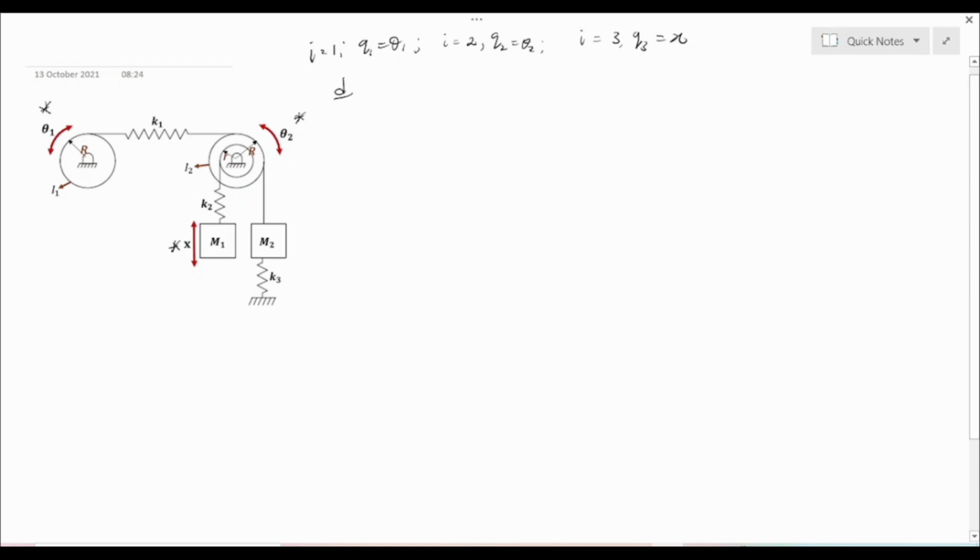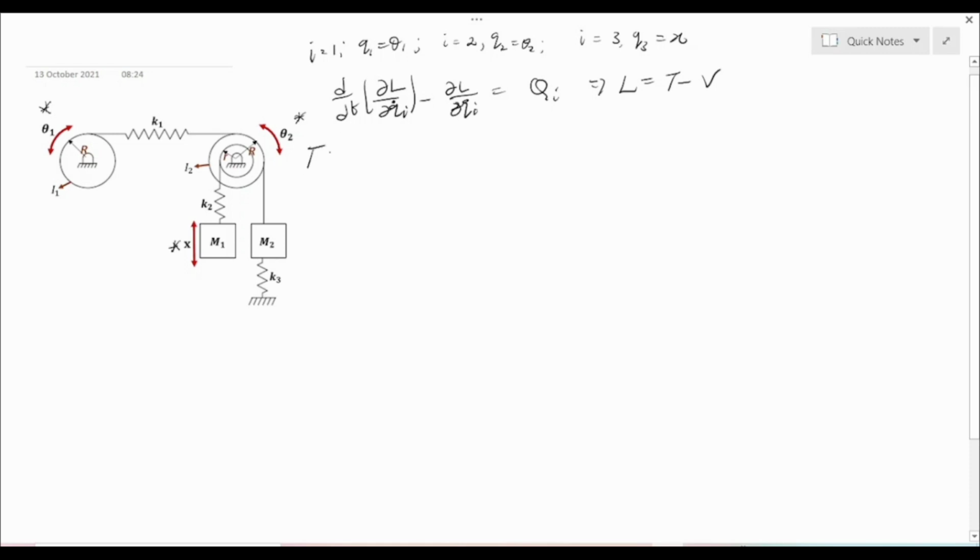And our Lagrange formulation says d/dt of (dL/dqi dot) minus dL/dqi is equal to our generalized force. And we know that L is equal to T minus V. And what is T?